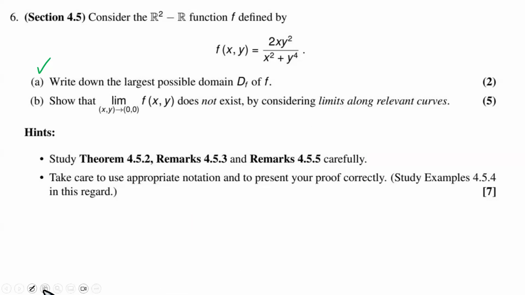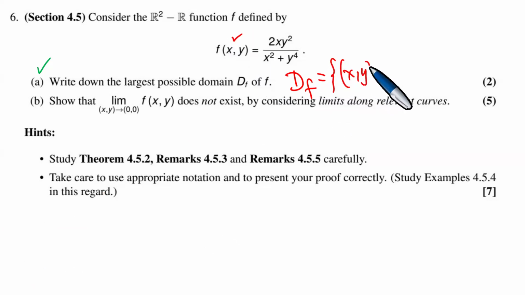It's very easy to see the largest possible domain of this function. The domain of f, in multivariable calculus, the function is a function of 2 variables x and y.